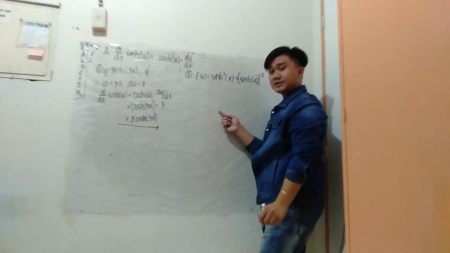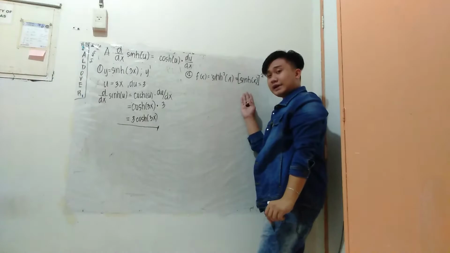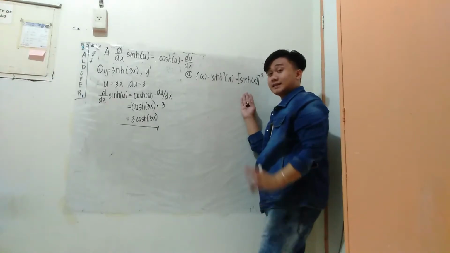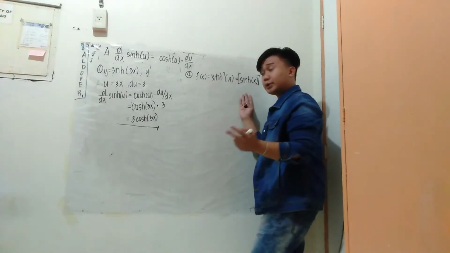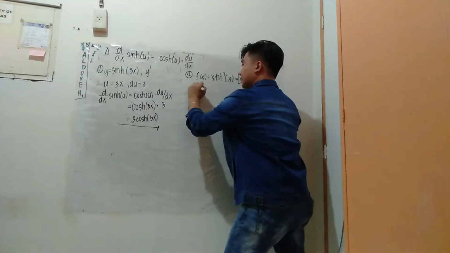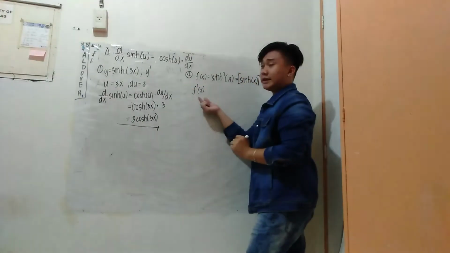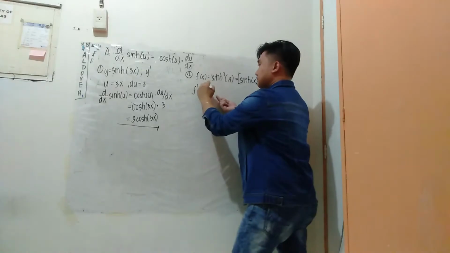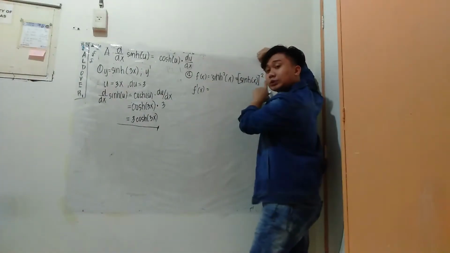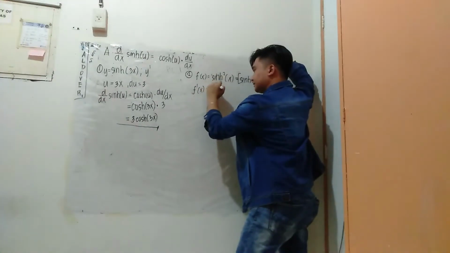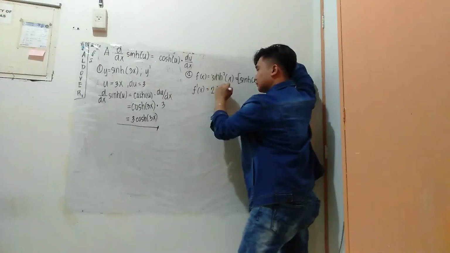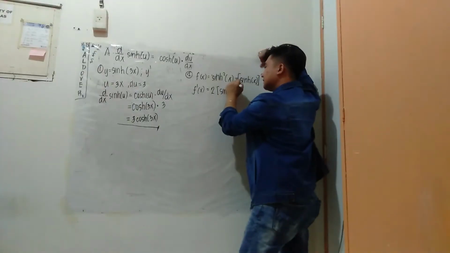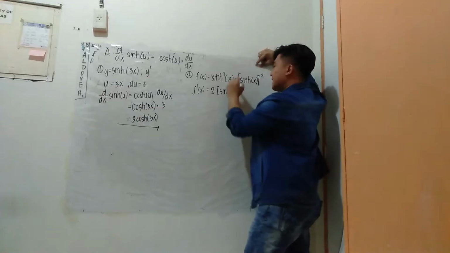Yan. So, ano yung naiisip yung gagawin natin? Tama. Power rule lang po. So, to get f prime of x or dy dx or the first derivative, ano mangyayari dun sa exponent na to? Bababa. Dahil bumaba siya, babawasan mo ngayon ng isa.